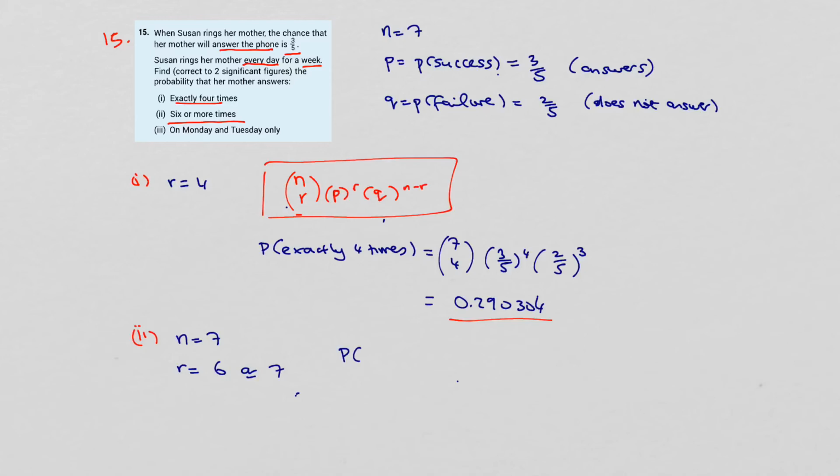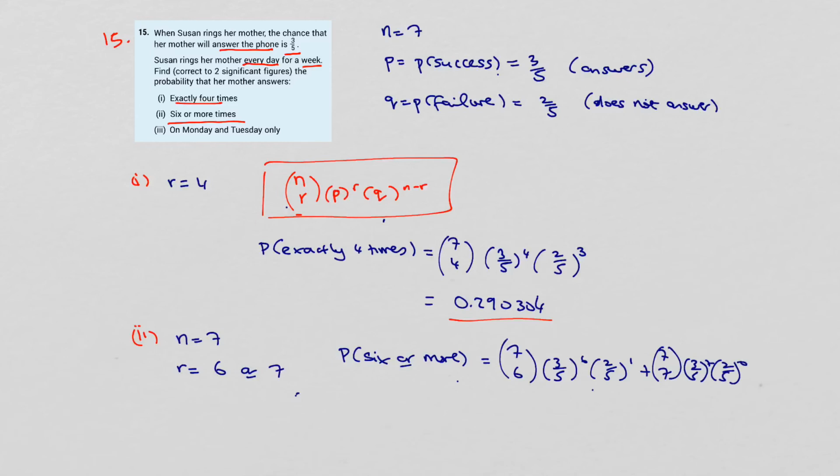So the probability that it's 6 or more will be our 7 choose 6, 3/5 to the power of 6, 2/5 to the power of 1, or means we add. So we'll have 7 choose 7, 3/5 to the power of 7, 2/5 to the power of 0. And again, on our calculators then, that gives us 0.15863304.